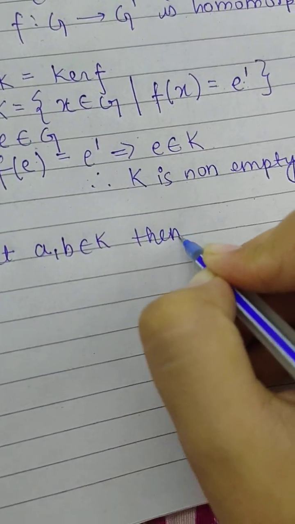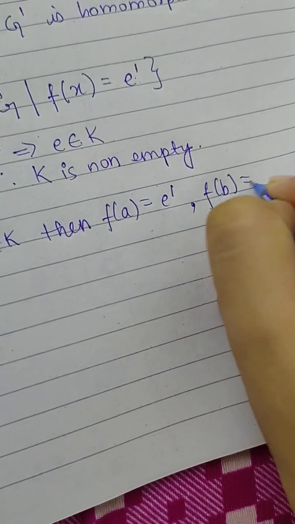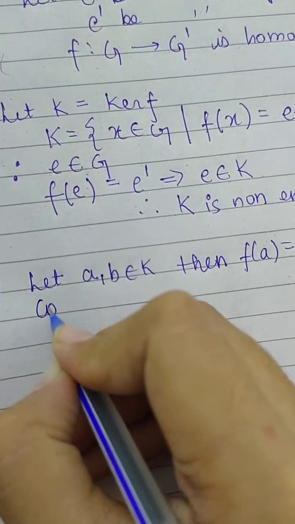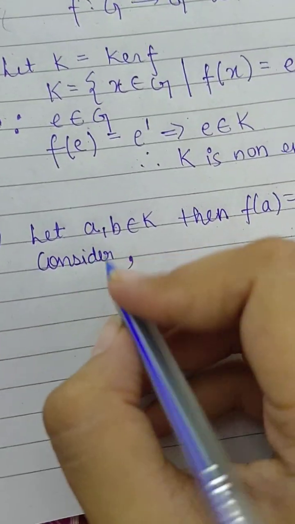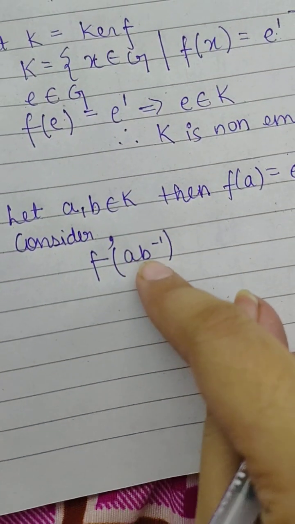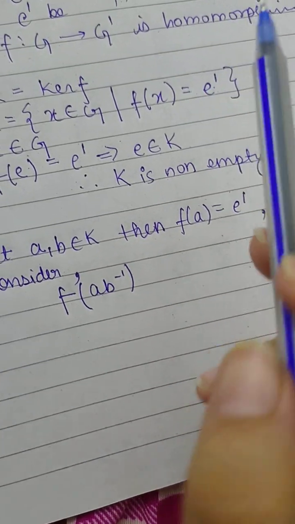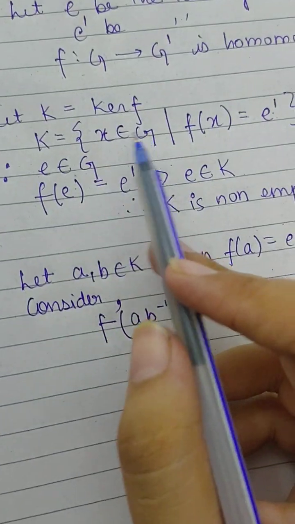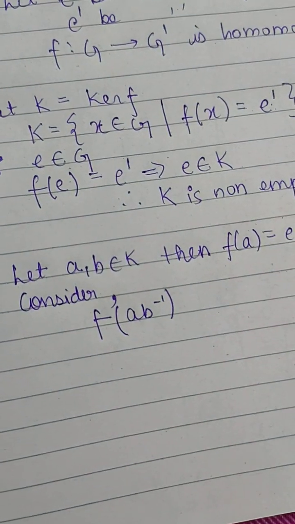Now we're considering f of a b inverse. We need to know where this is mapped. If this is mapped to e dash, then that will show that a b inverse belongs to K.